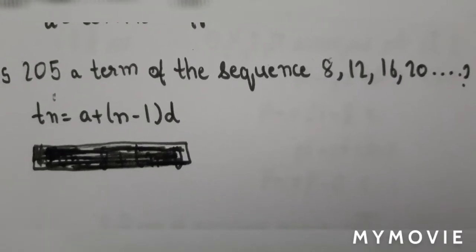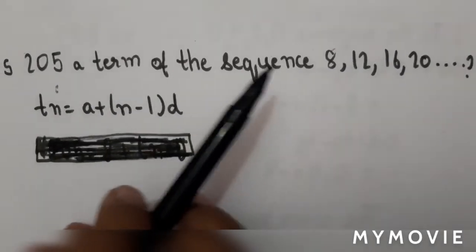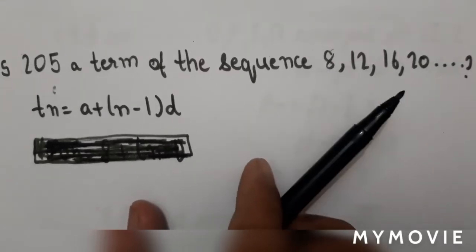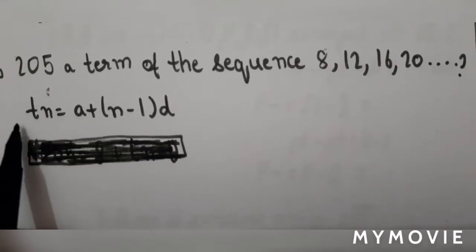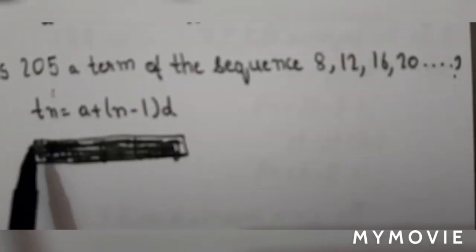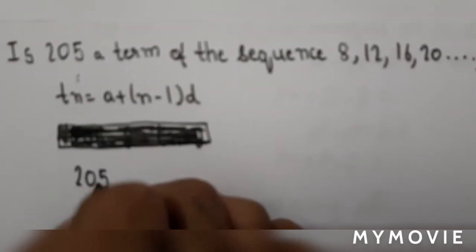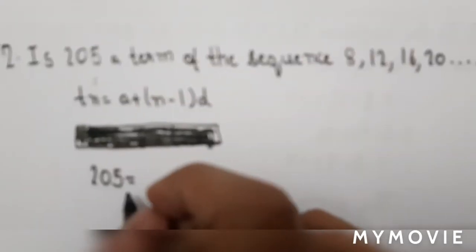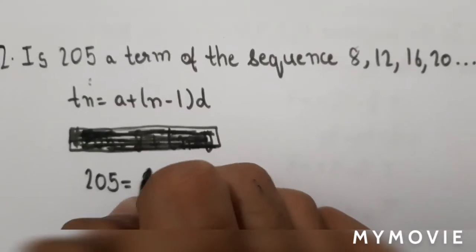So friends, our question is: is 205 a term of the sequence 8, 12, 16, 20? For finding this, we should apply the formula Tn is equal to a plus n minus 1 d. We are provided with Tn as 205 and the first term of the series, a, is 8.